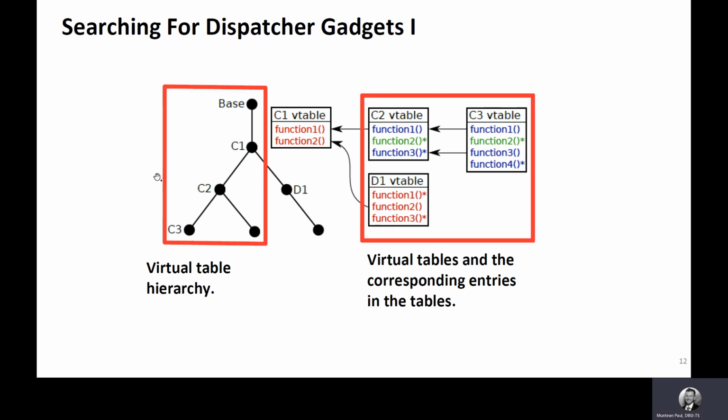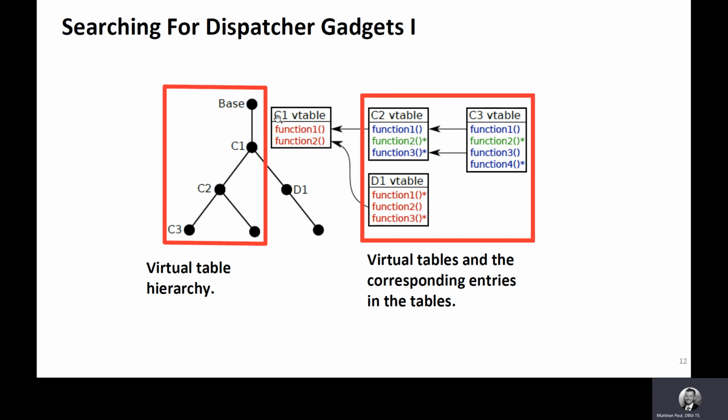So next, in order to understand how we search for dispatcher gadgets, we have to consider the virtual table hierarchy, which is a little bit different than the class hierarchy. In C++ programs or Java programs, all object-oriented programming languages have these primitives. And here on the right, the virtual tables and the corresponding entries. Basically, these are virtual functions which can be called at that particular level in the class hierarchy.